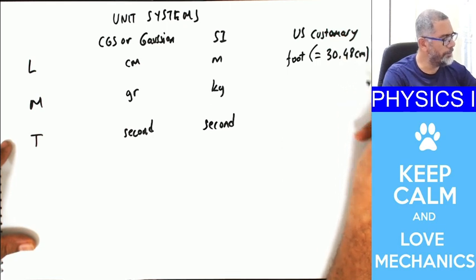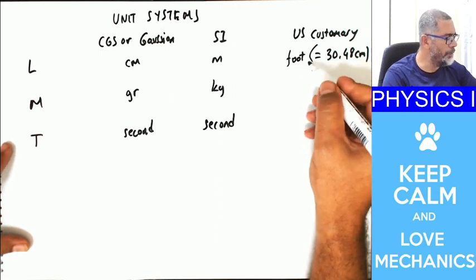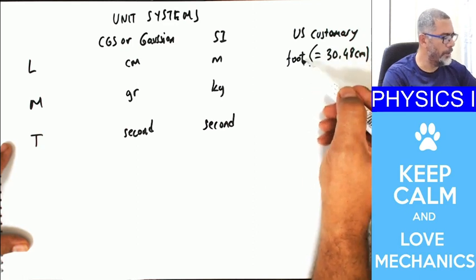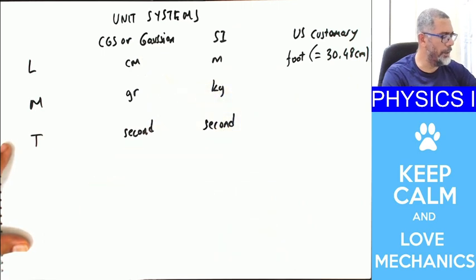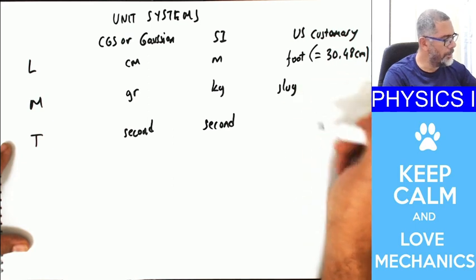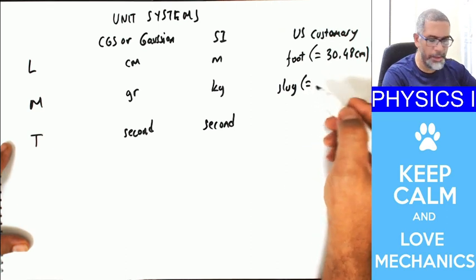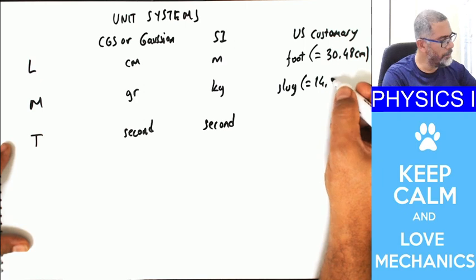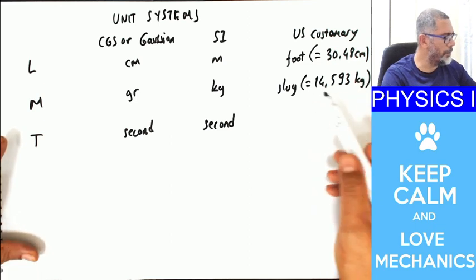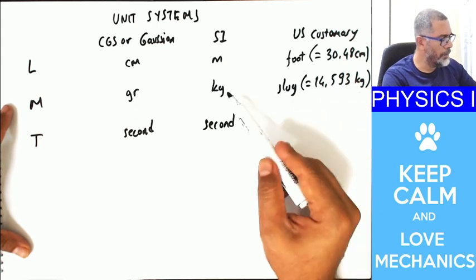30.48 centimeters. So what I have done here is convert the foot into centimeters, the US customary length to CGS length. Slug is the unit for mass in the US customary system, and 1 slug is equivalent to 14.593 kilograms. Again, I converted the US customary mass unit into the SI mass unit.